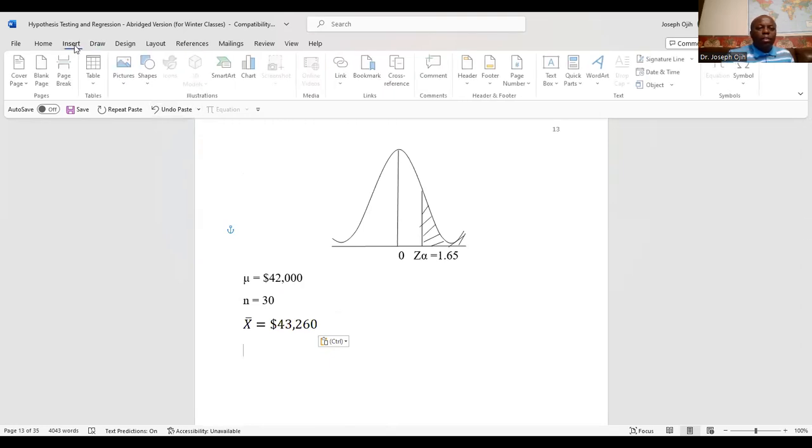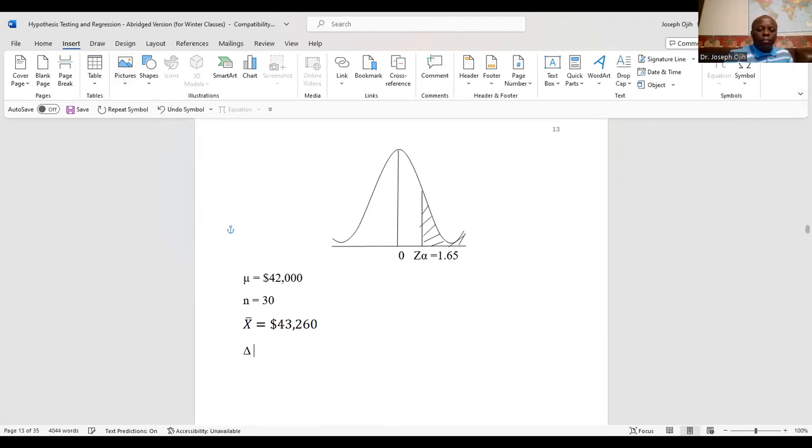Standard deviation, sigma equals 5,230. Okay. Now adjust this. Now we have all the values we need.